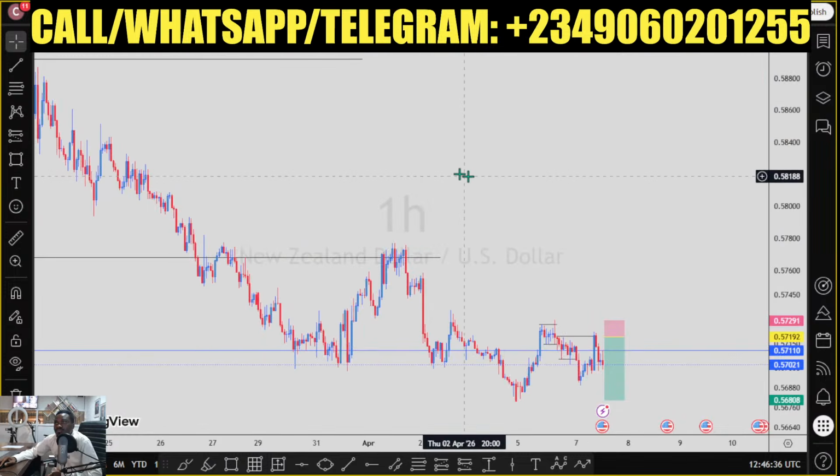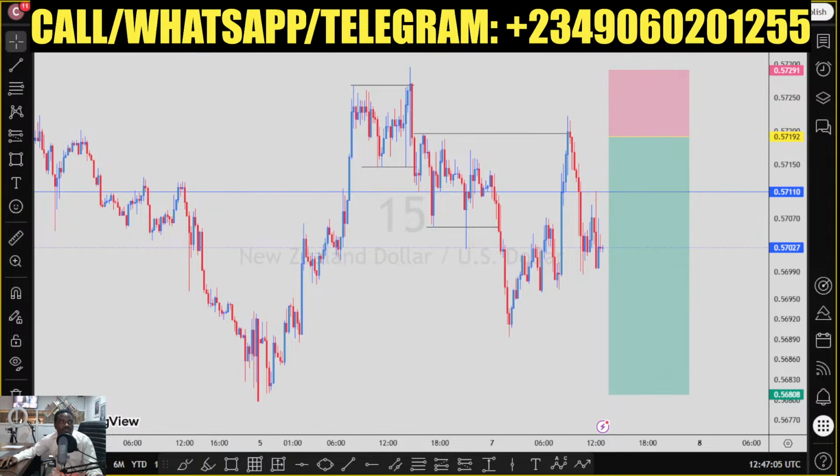Now, that is what we have based on the 15-minute chart. The confirmation came on the 15-minute chart. From the 15-minute chart, you can see that. Let me put it on the 15-minute chart so you guys can see. You can see that. Okay.